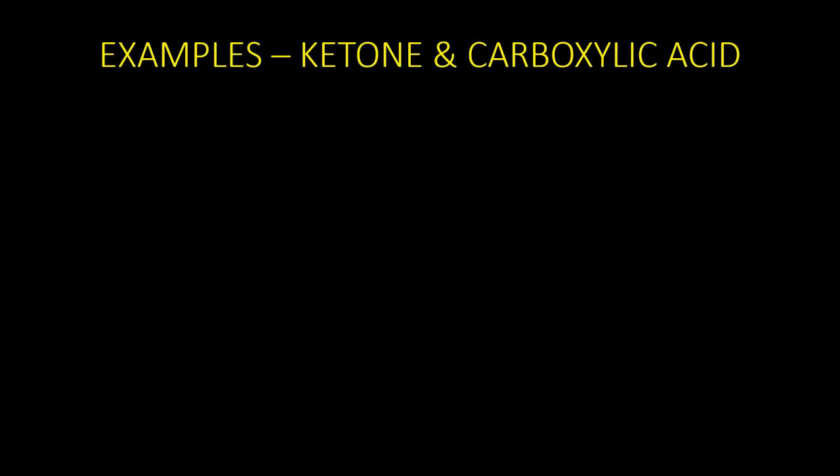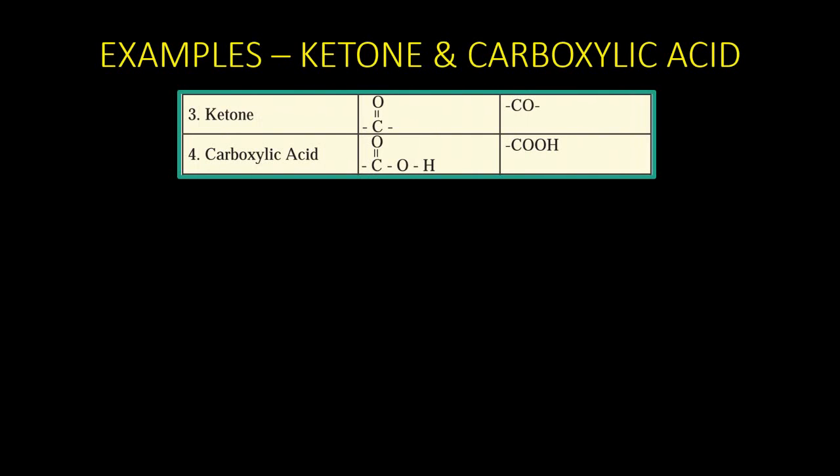Now let us learn how ketone and carboxylic acid are represented. So ketone, the structure formula is C double bond O, and carboxylic acid will be C double bond O and OH. Let us see some examples. The first one is with the ketone C double bond O. You can see I have attached this ketone within 2 carbons.